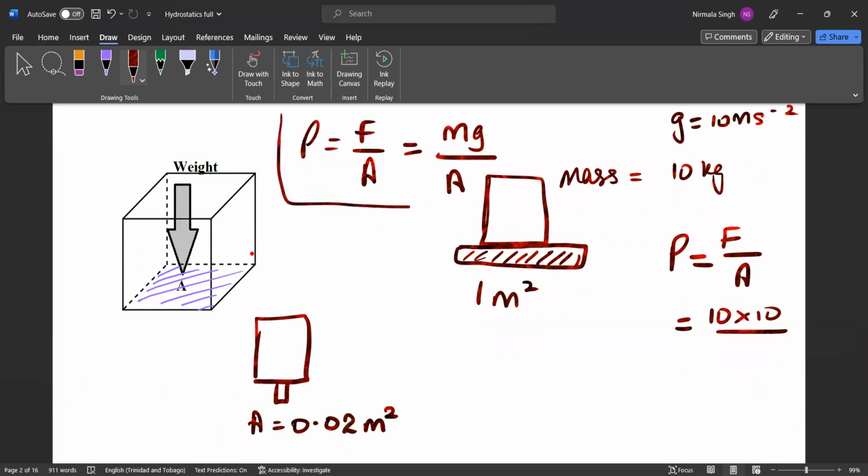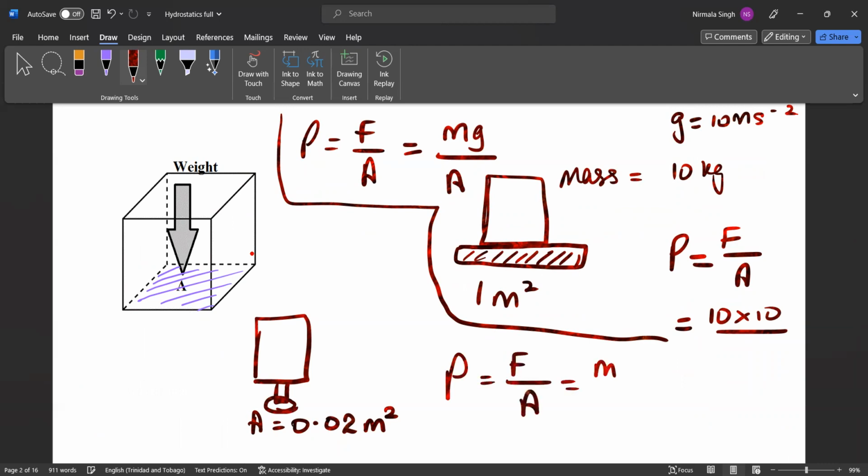I want us to work out the pressure that is on this little tiny space here. All right, so how are we working out pressure? Pressure is equal to force over area, which is equal to your mass by gravity over your area. Anybody wants to give that a try quick?